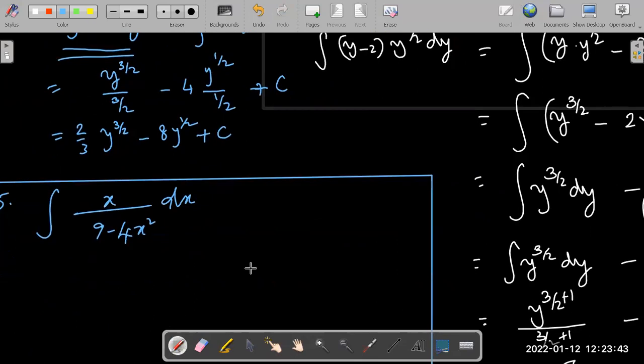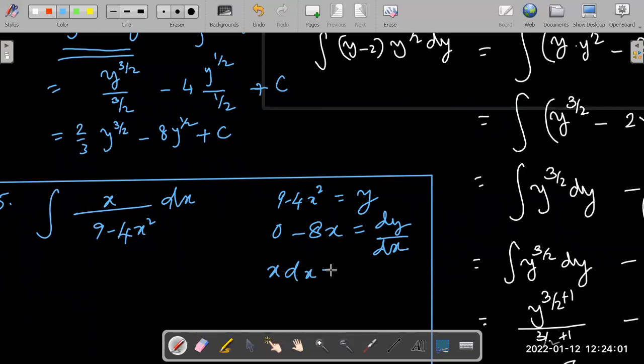So we will consider 9 minus 4x square equals y. Differentiating, you get 0 minus 8x equals dy by dx. So x dx will be minus 1 by 8 dy.